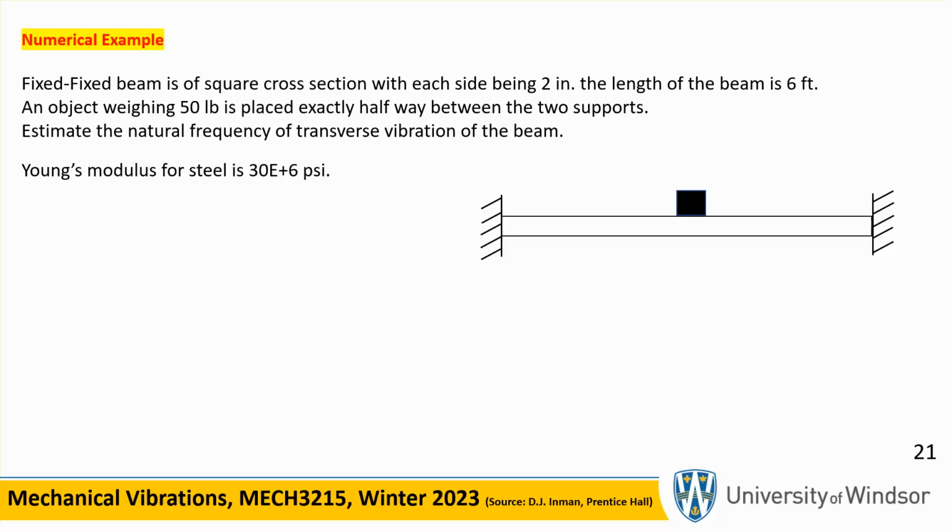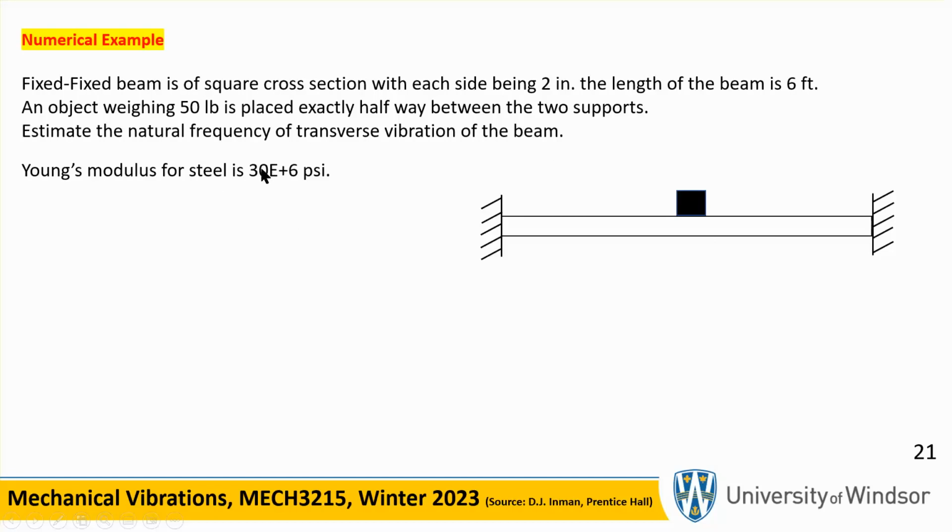This is a single degree of freedom system because you have a fancy spring here with the stiffness that we just discussed a minute ago, and you have a mass here which wants to go up and down. We're ignoring the mass of the bar. You have to know the mass of this block. You have to know what the Young's modulus is.